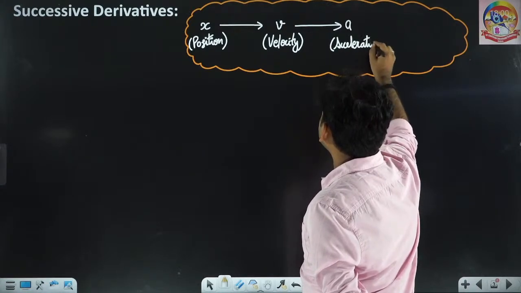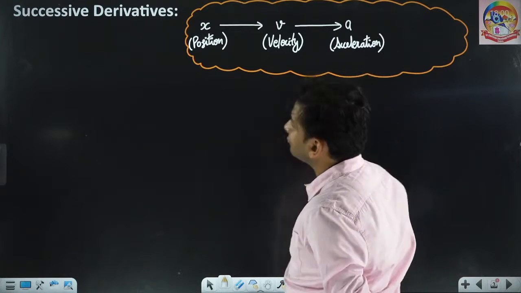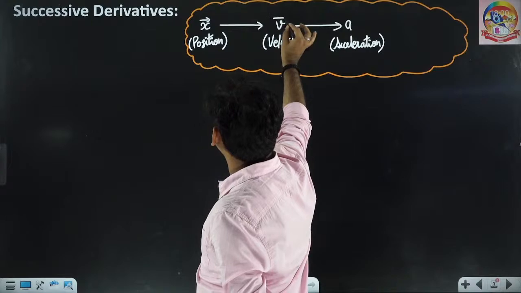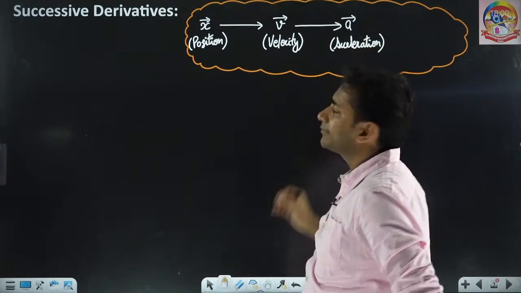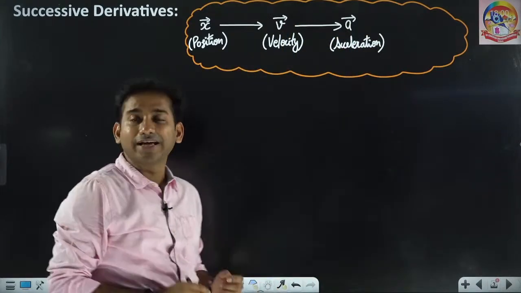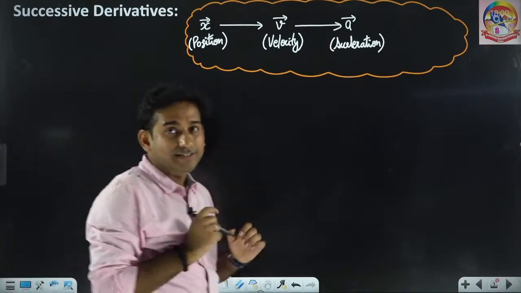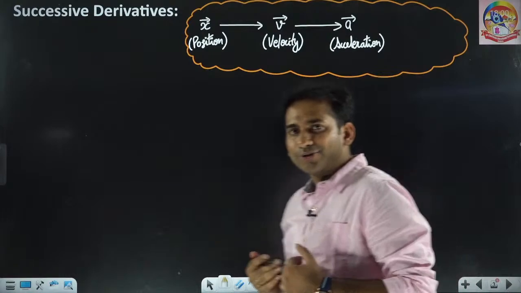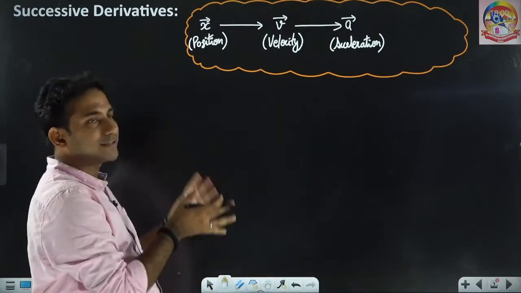Whenever we talk about vector quantities, we make an arrow over them. But I am not writing it multiple times because on Friday, Abhishek sir is going to guide you for vectors. Right now, you are learning with me for the calculus part.